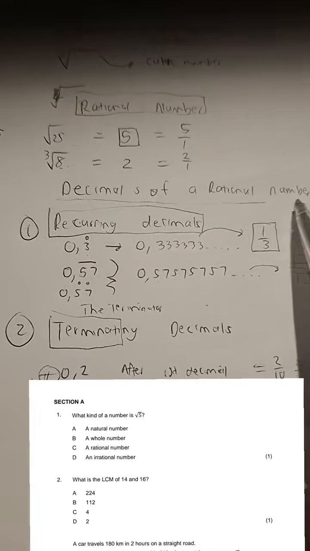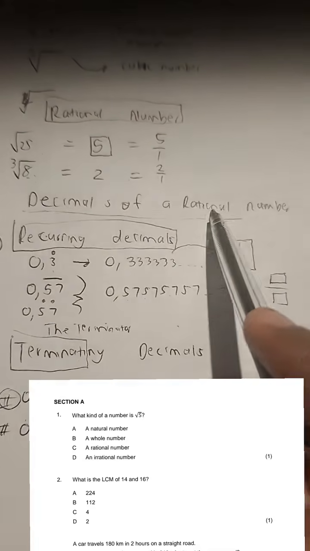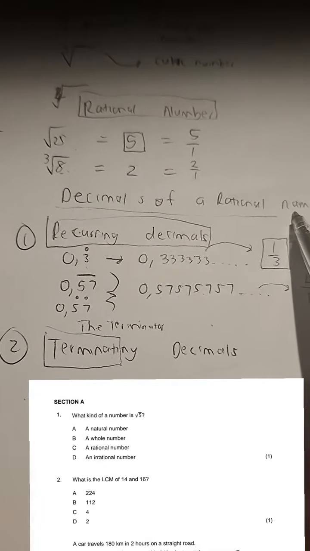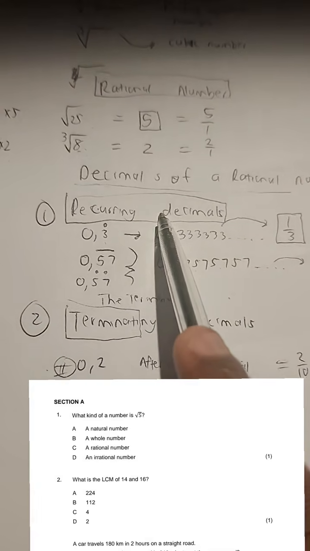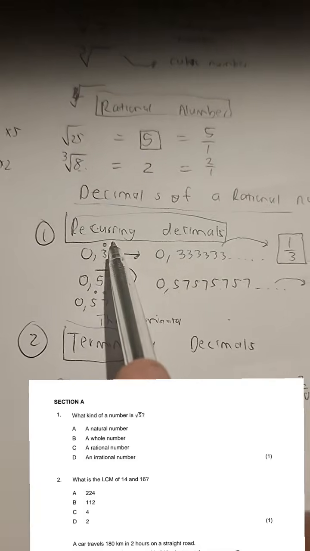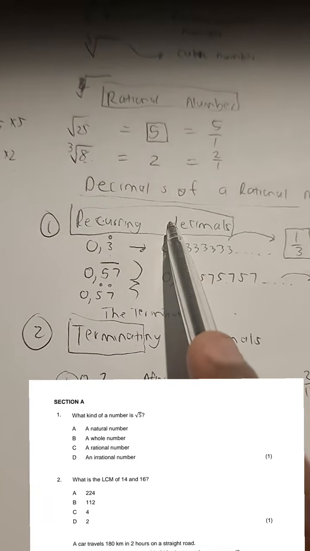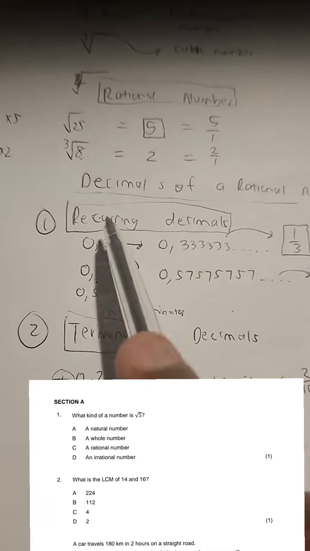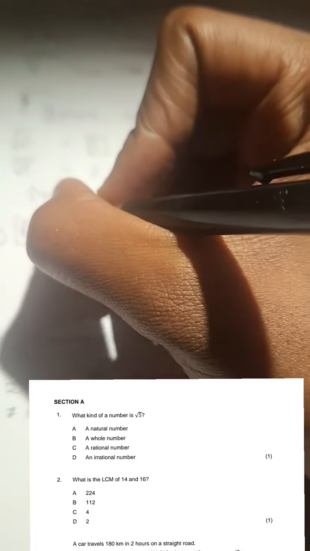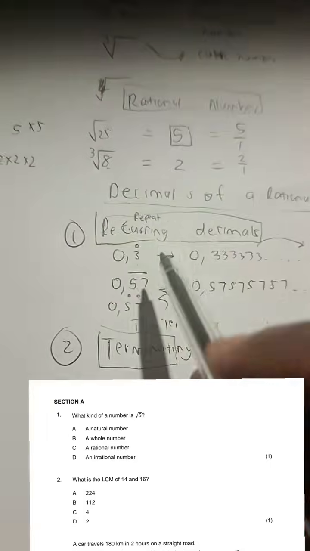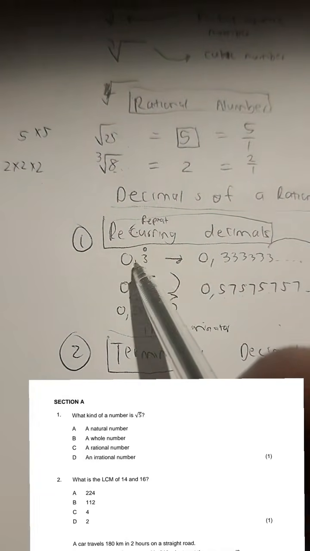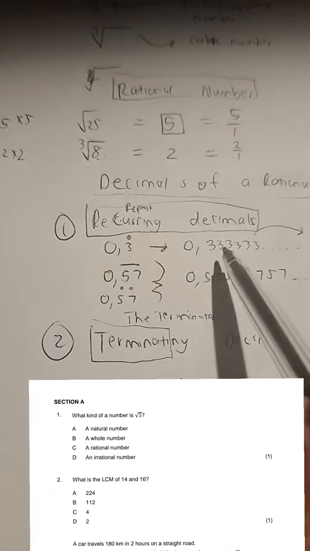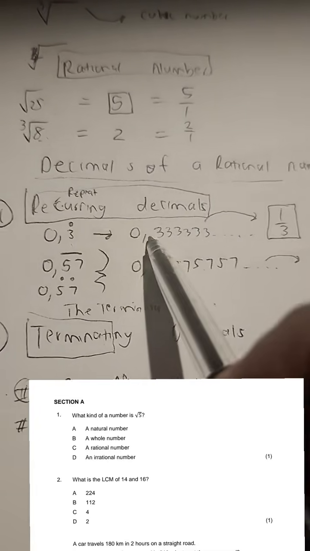Then for decimals, guys, how do we identify rational numbers in decimals? Decimals fall under 2 camps for rational numbers. We can either have recurring decimals. By recurring we mean, the word recur means to repeat. What is repeating? The number after the comma. So 0.3, if there's a dot on the top, it means 3 repeats itself indefinitely.